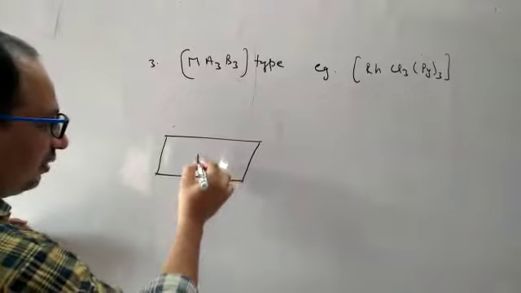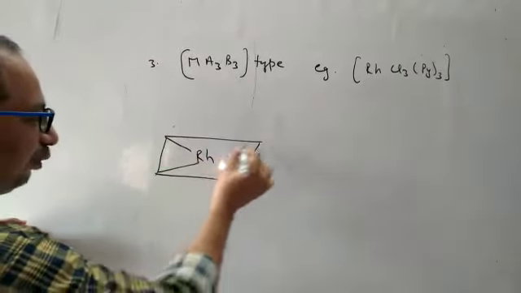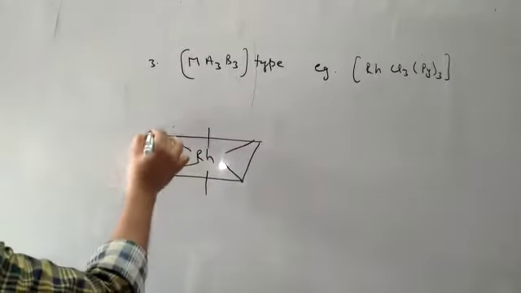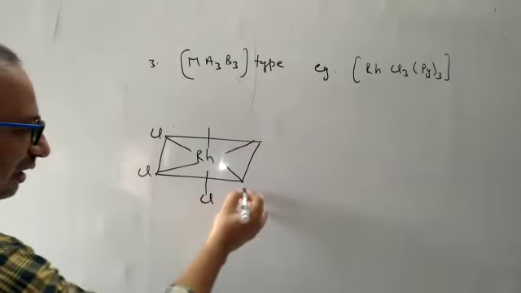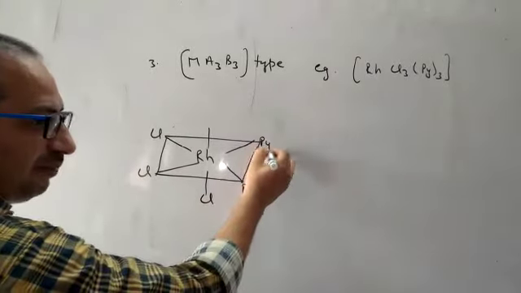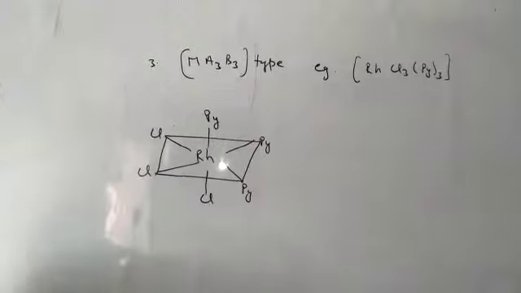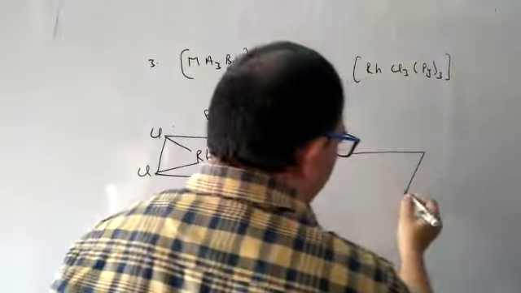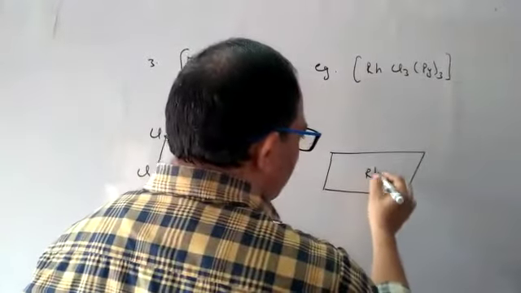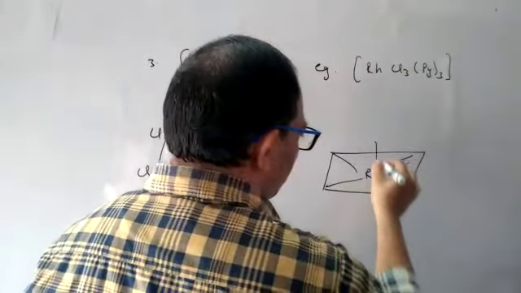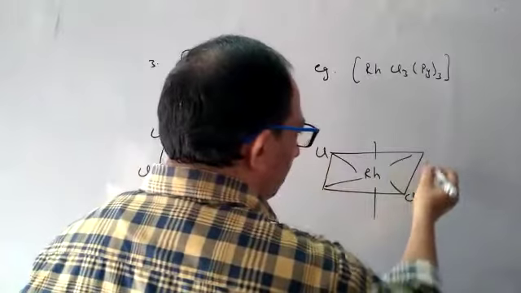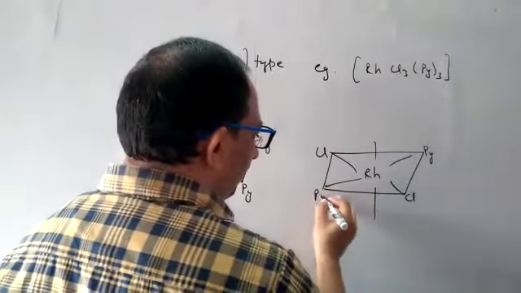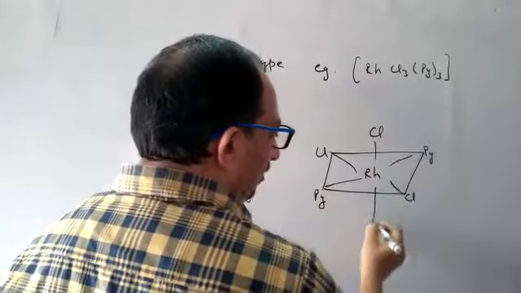Cis form: same ligands at adjacent positions, Rh, Cl, Cl, Cl, Py (pyridine), Py, Py. And if we draw it at opposite positions, Rh, Cl, Cl, Py, Py.